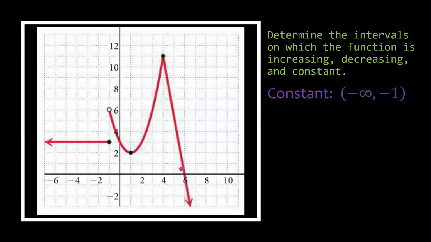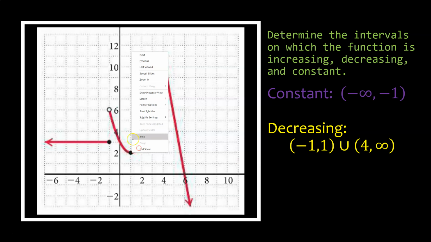This function is also decreasing from 4 to infinity. When you are moving from 4 to infinity, that is also decreasing. So we will use the union here to denote the fact that the function is decreasing in between -1 and 1, and also from 4 to infinity.